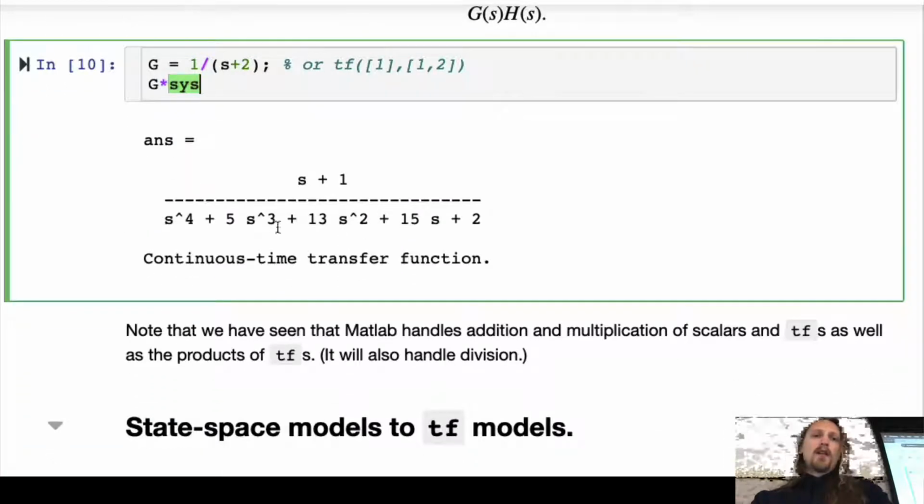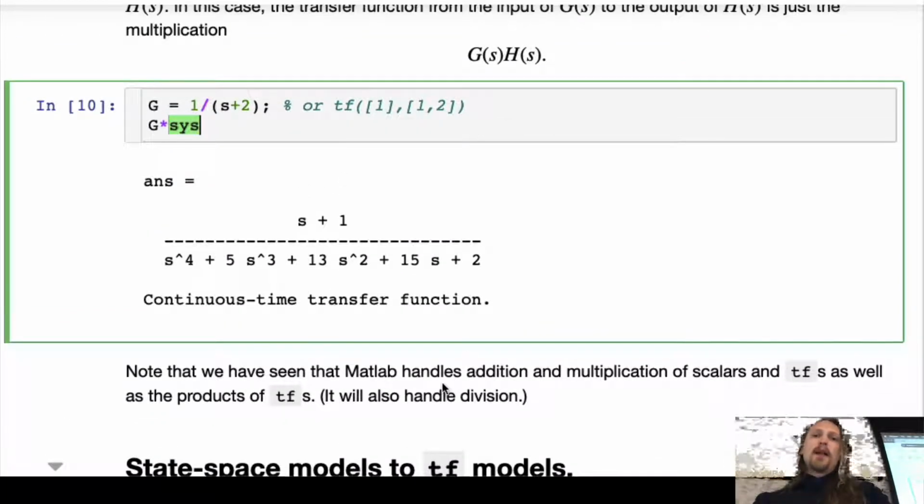Note that we have seen that MATLAB handles addition and multiplication of scalars and TFs, as well as products of transfer functions, and it will also handle division, although we didn't explicitly show that in this section. What it does is manipulate it as if S was the Laplace variable S in a symbolic representation of the transfer function.